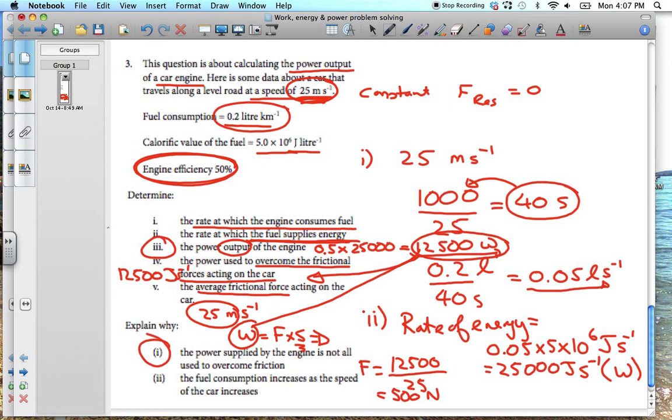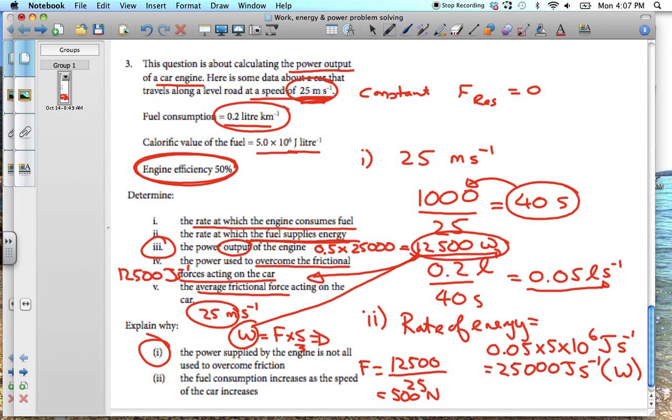This question over here, I'm not too sure if they got the question right. It says the power supplied by the engine is not all used to overcome friction. Obviously most of this would be to overcome friction, not only air friction.